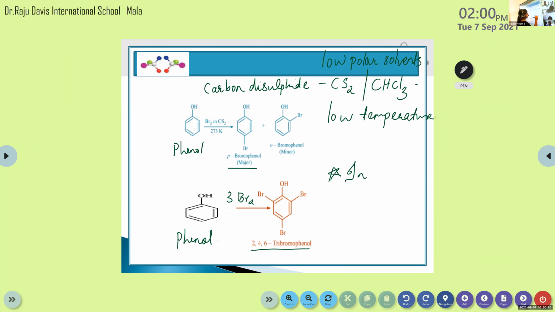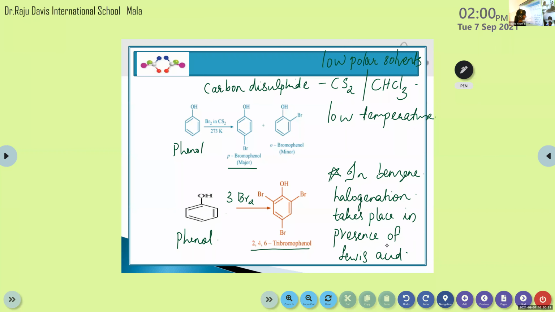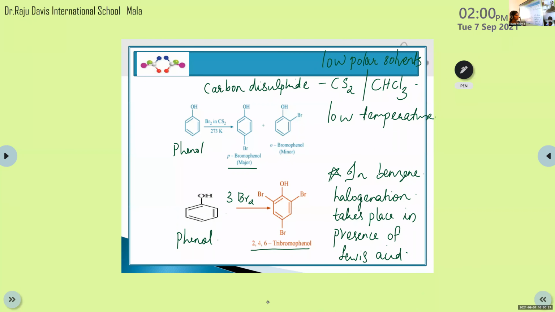In benzene, halogenation takes place in the presence of Lewis acid. But in the case of phenol, it's not needed. Halogenation takes place in the absence of Lewis acid.